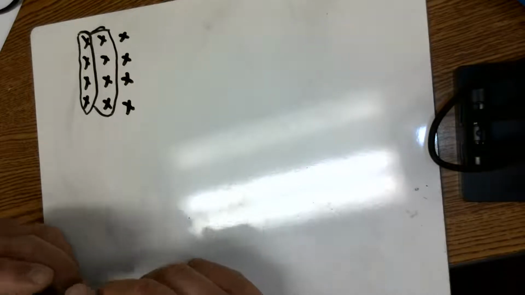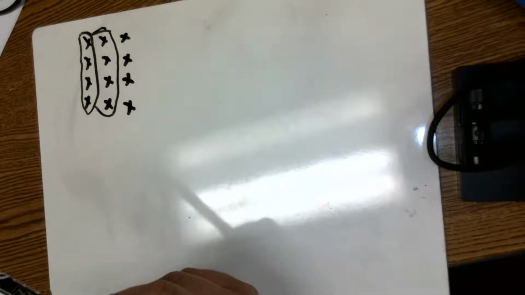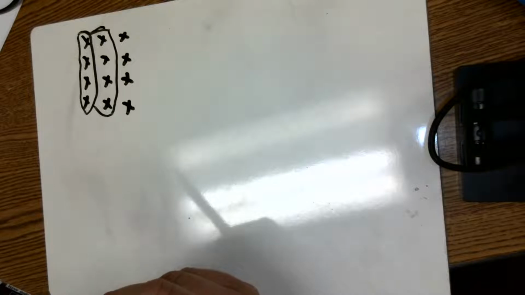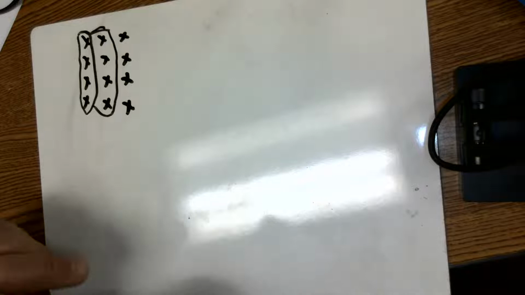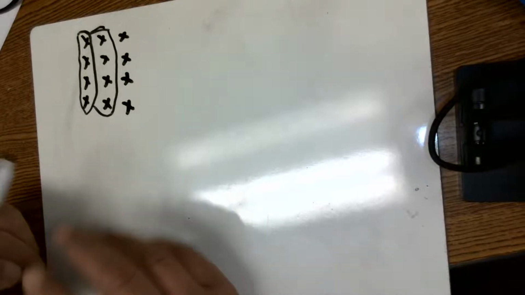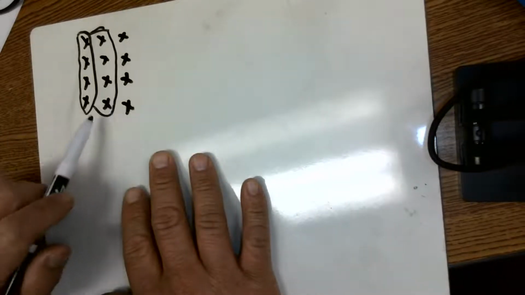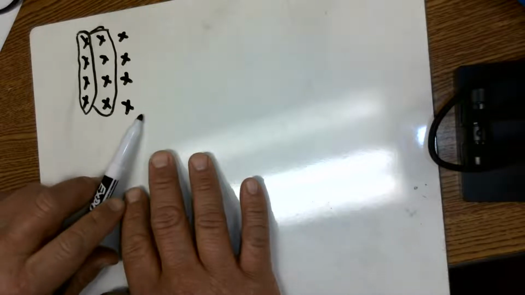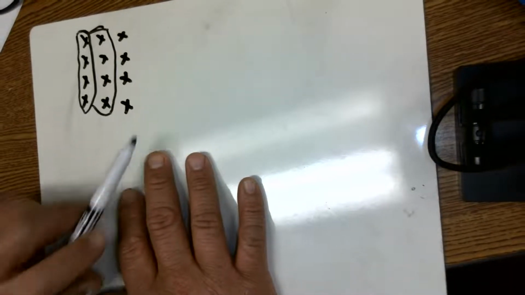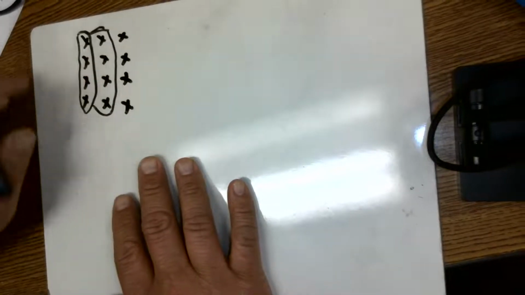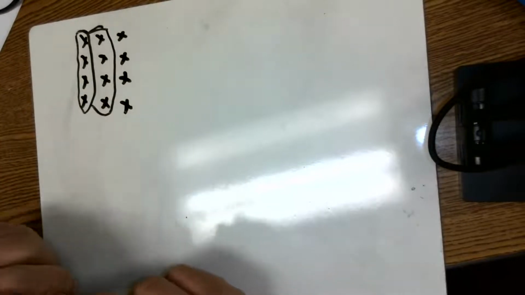No, because in the picture it shows 4 separated from the rest. Yep, 4 separate, because obviously if these are boys, these must be your 4 girls, right? So what is my fraction that you see here? What's my numerator?